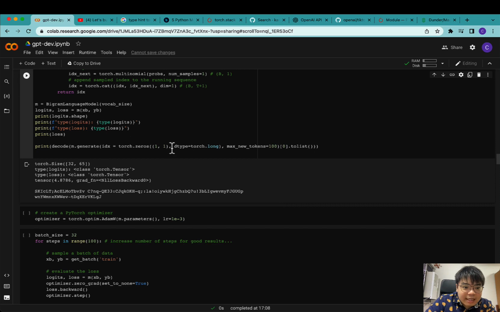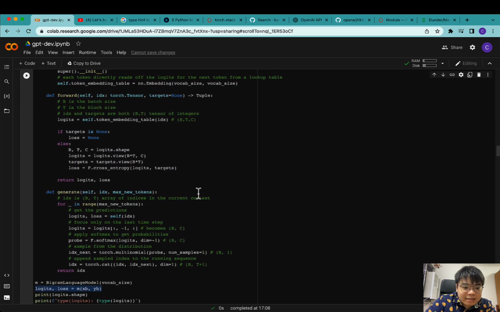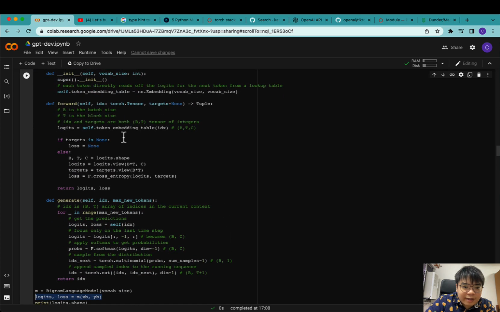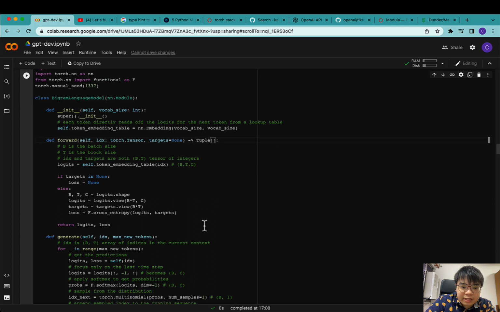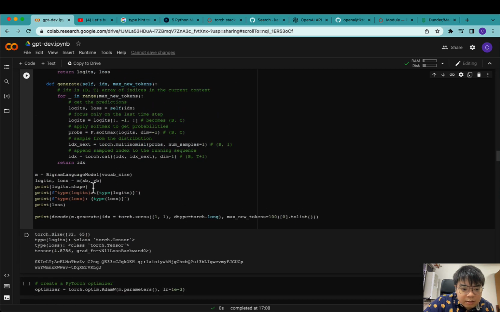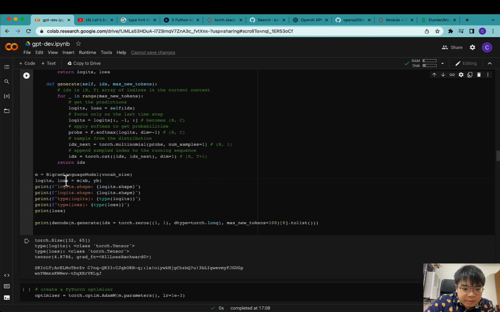And it looks like our forward method over here returns back a torch tensor. And logits in this case is of dimension, okay, we print out the logits shape here. Let's print out the loss shape as well.